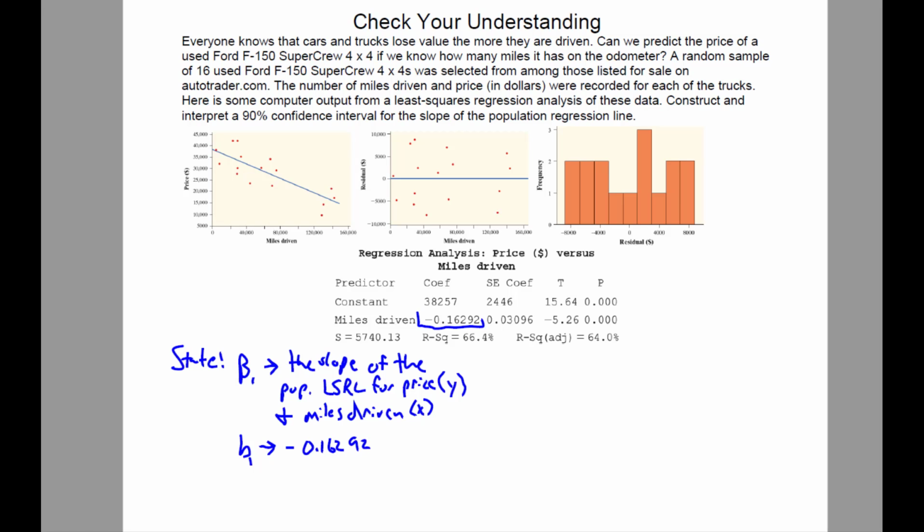And the last thing we need to deal with for our state part is our confidence level. Even though it's given to us, we'll say it's 95% confident. Oh no, I'm sorry, I think it said 90% confident. 90%. Okay.